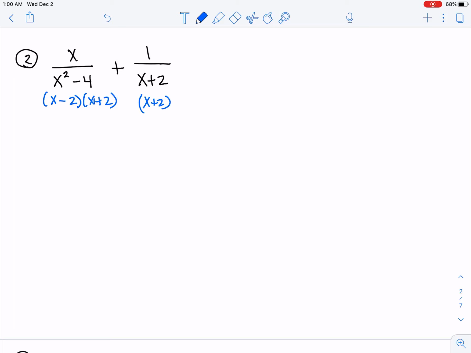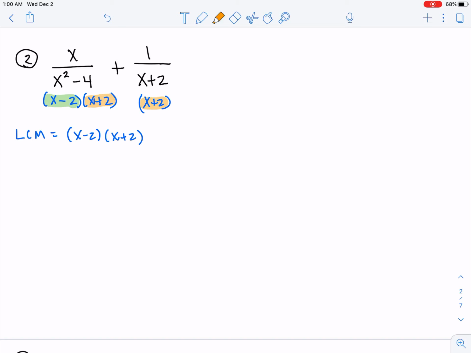It's already its own factor. So that least common denominator for us is going to be x minus 2, x plus 2. Okay, the x minus 2, because it's right here, and the x plus 2 takes care of those two.